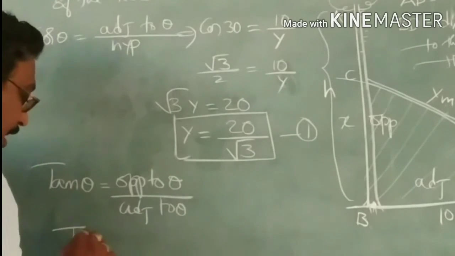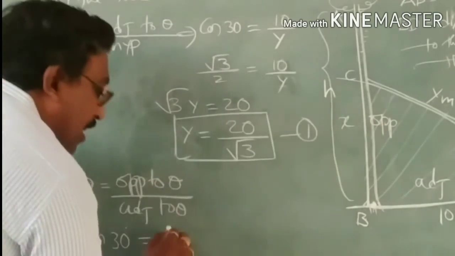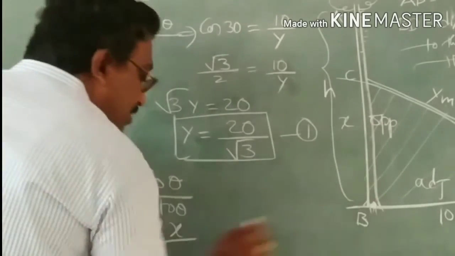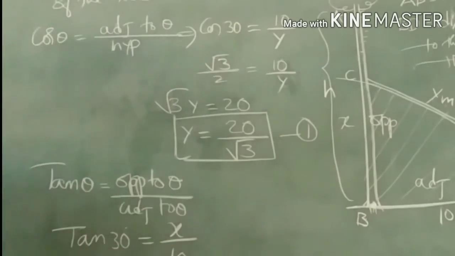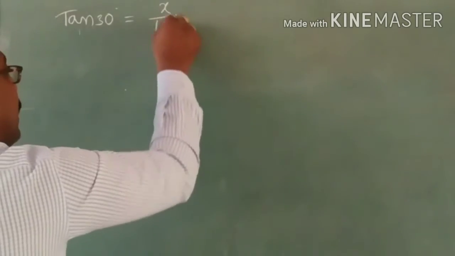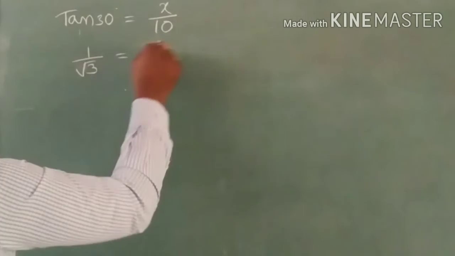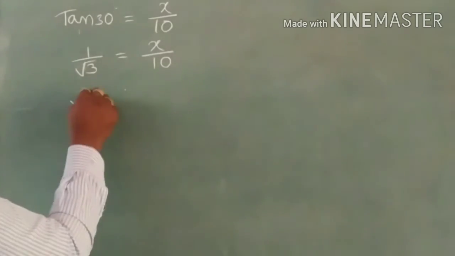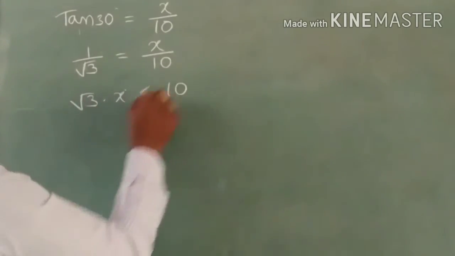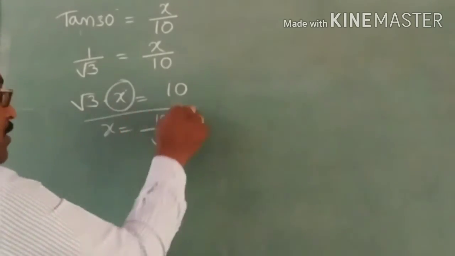That means tan 30 is equal to opposite x by adjacent 10. Tan 30 value 1 by root 3 is equal to x by 10. So root 3 times x is equal to 10, where x is equal to 10 by root 3.